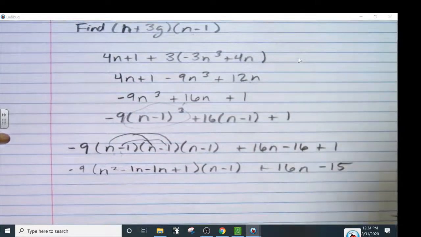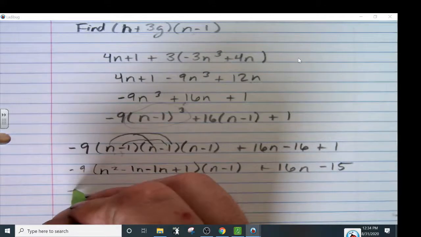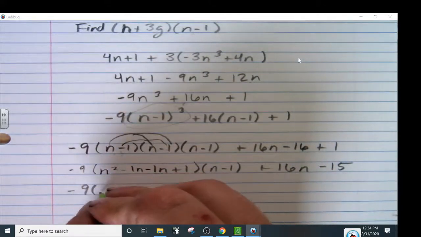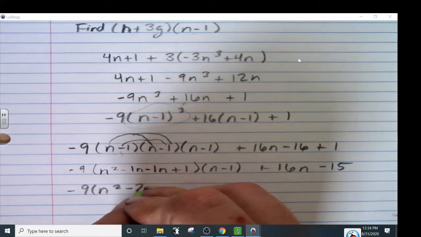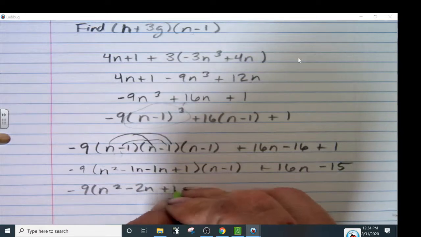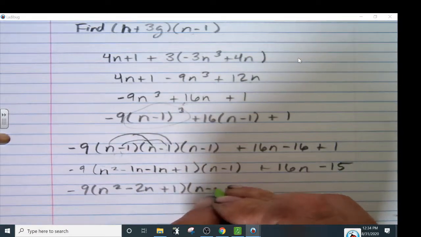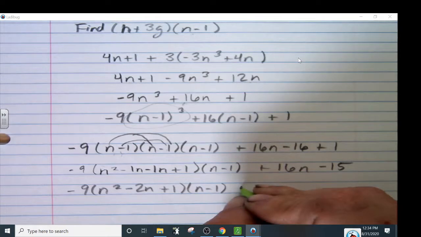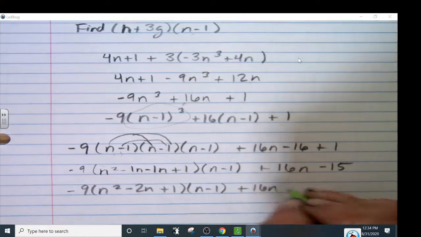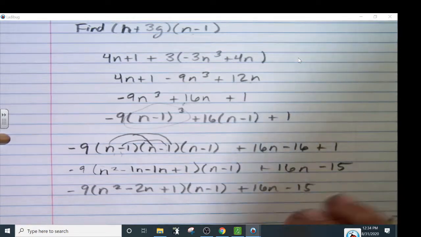Okay, I combine my like terms here. Now, if I clean that up, that gives me, all right.